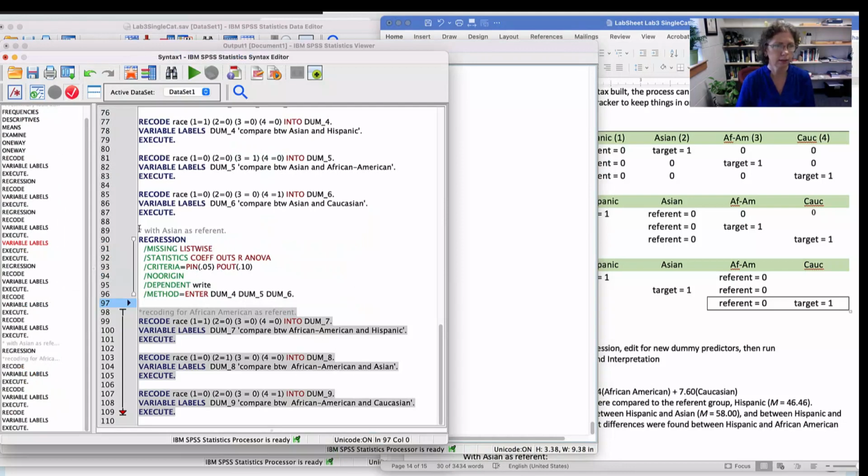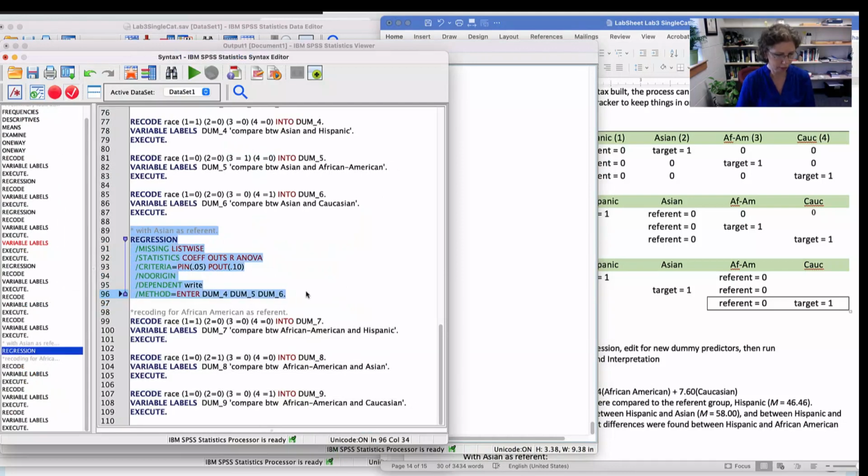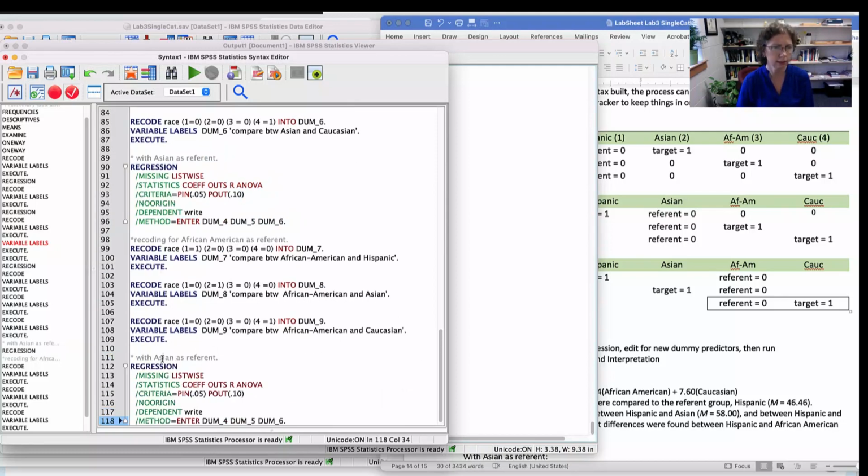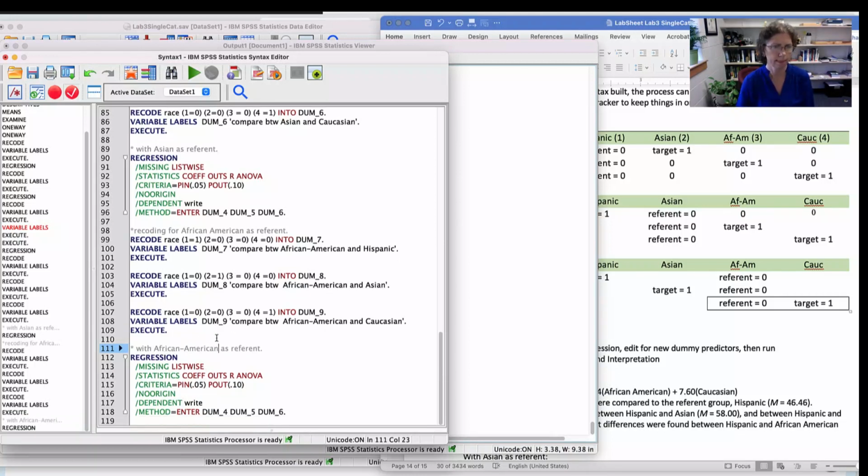And again, I can just copy the regression syntax and edit it accordingly. I want dummies 7, 8, and 9.